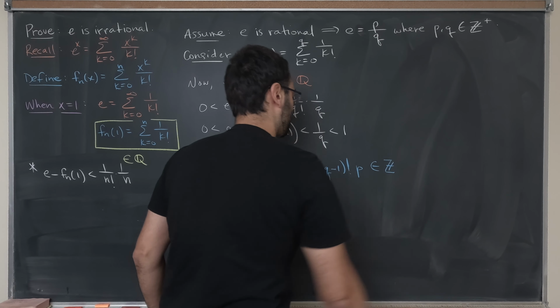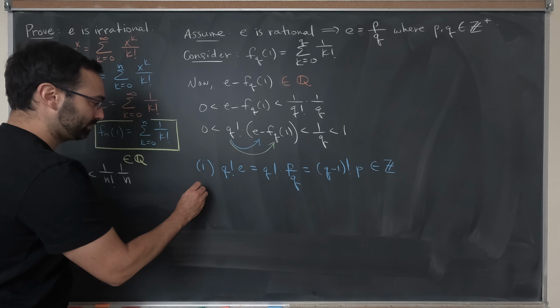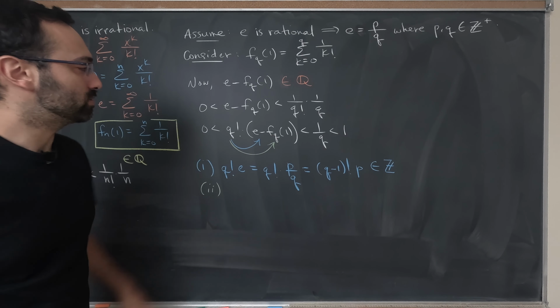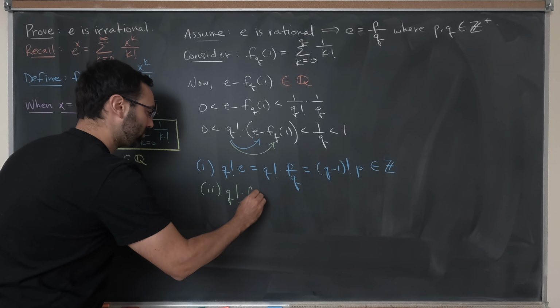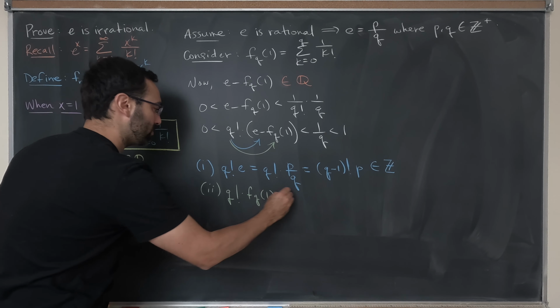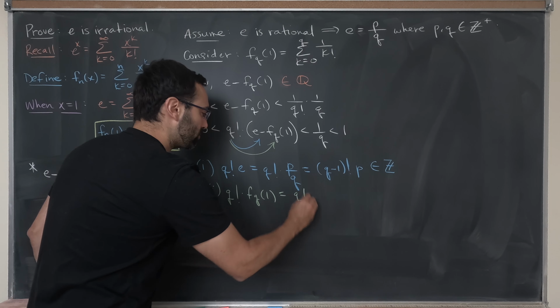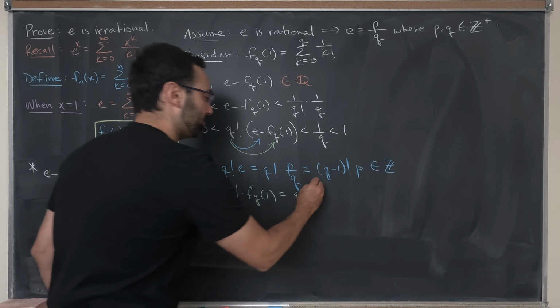Secondly, q factorial times f sub q of 1, what does that give us? Well, we have q factorial times, what is f sub q of 1? Let's look at some terms there.